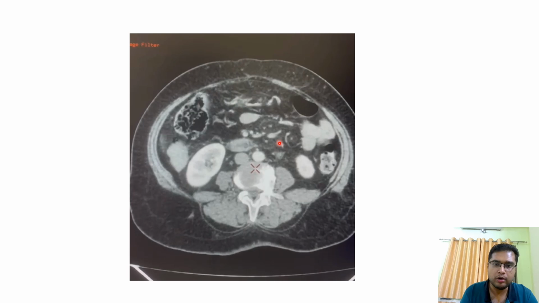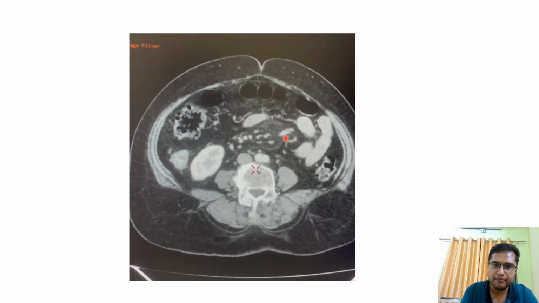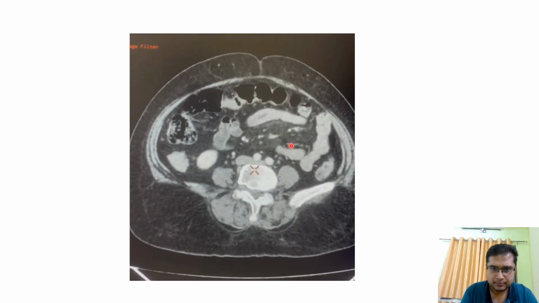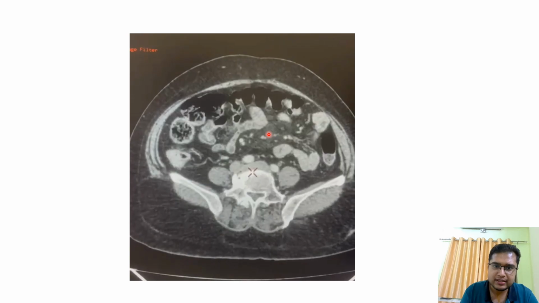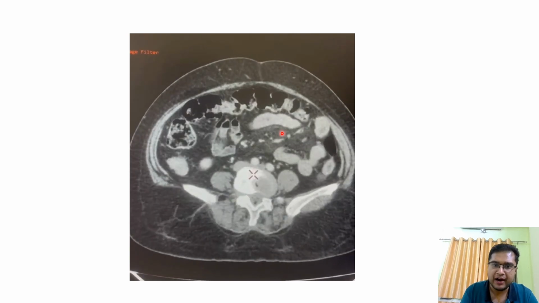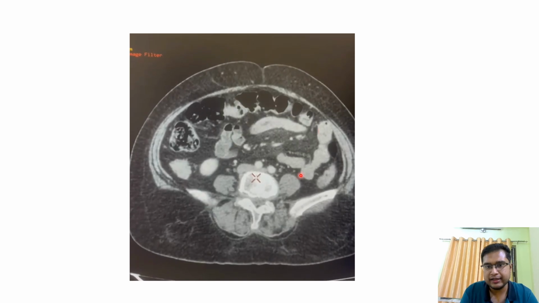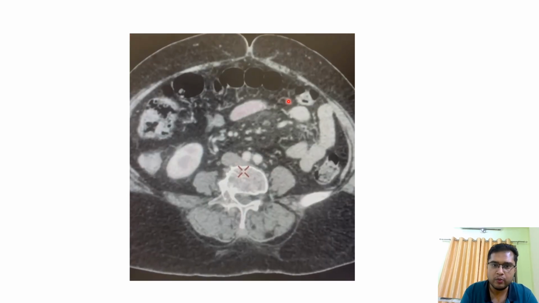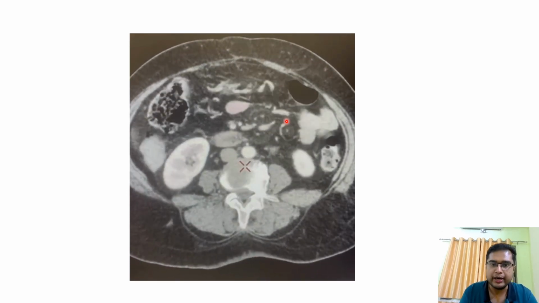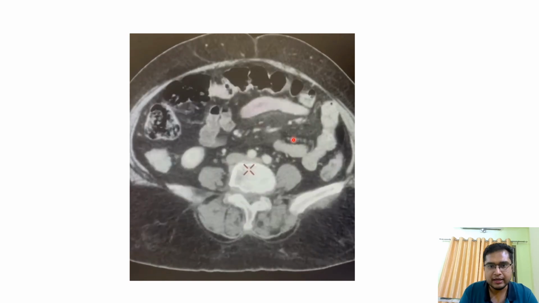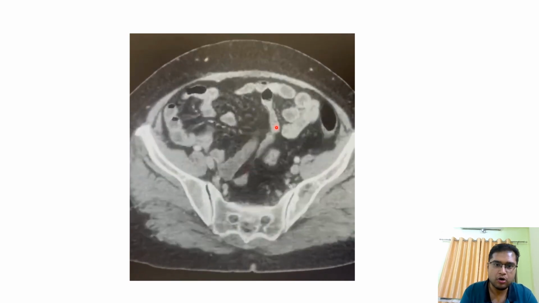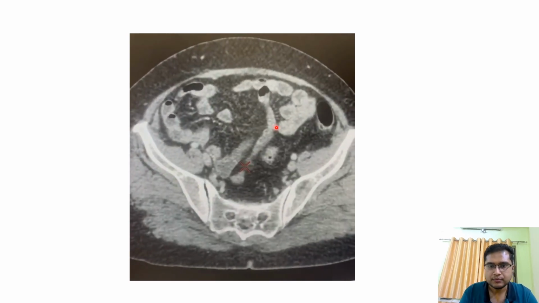But along with that, there is a focal area of mesenteric fat stranding. Along with that, there is sparing of the fat around the vascular pedicles. A particular halo is seen, and this area of mesentery is very well encapsulated, that is, it is seen distinct from the rest of the normal mesentery.